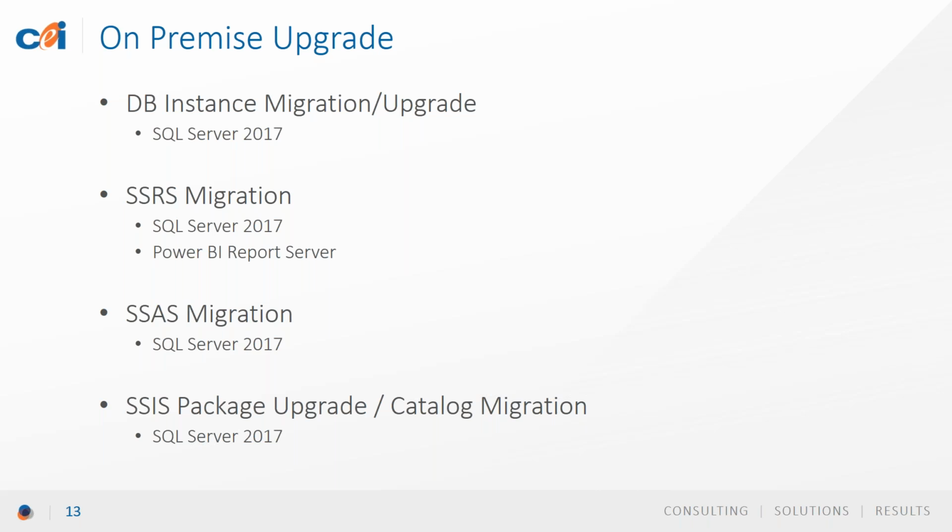Moving to SQL Server 2016 or even 2014 or 2012, you're going to be back here revisiting this migration in the near future. Plus, the feature set in 2017 includes a lot of optimizations and features that aren't available in the earlier versions.